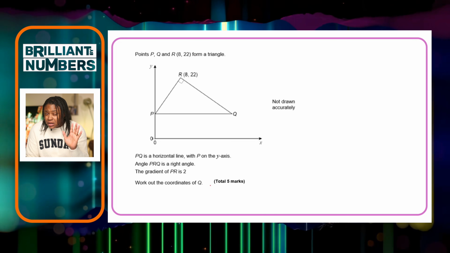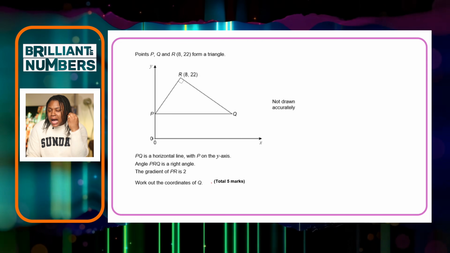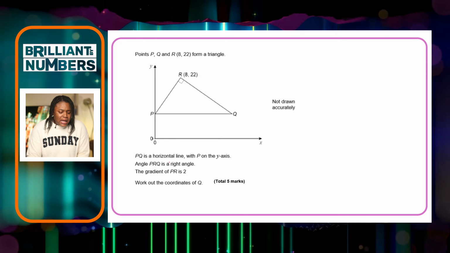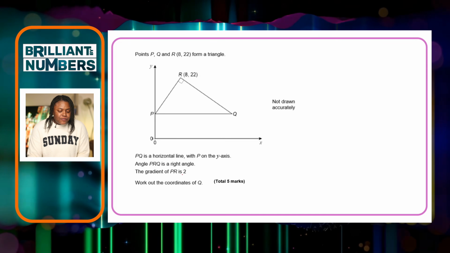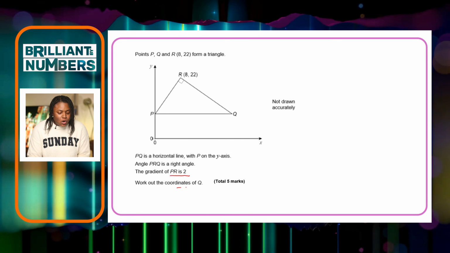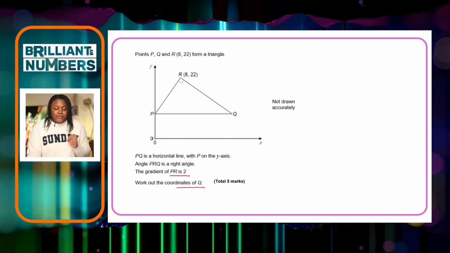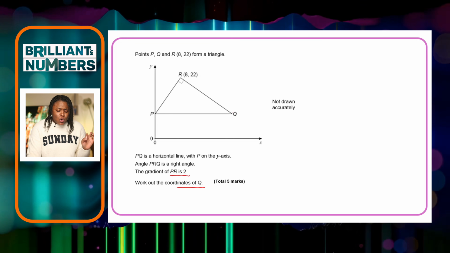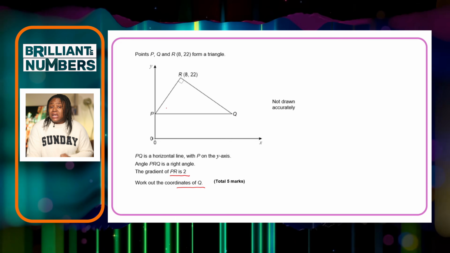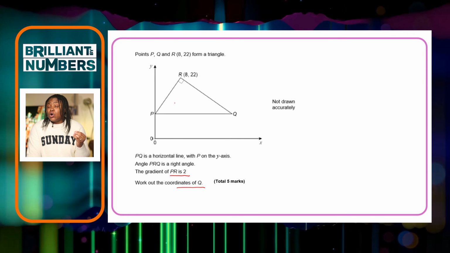So 5 marks, guys. Now it's time for application of skills. First of all, I know the gradient of PR, which is 2. Let's underline that. I want the coordinates of Q. The first thing I notice is I know no coordinate at all for Q, so PR will have to help me get at least one coordinate.